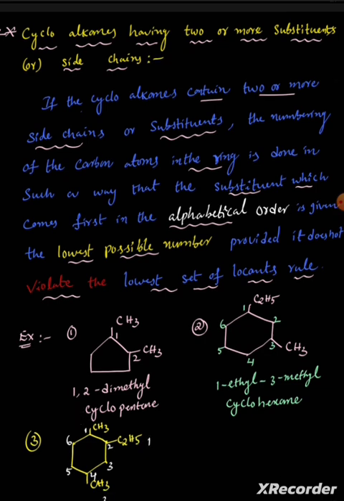That's why the correct name of this compound is 2-ethyl-1,4-dimethylcyclohexane.